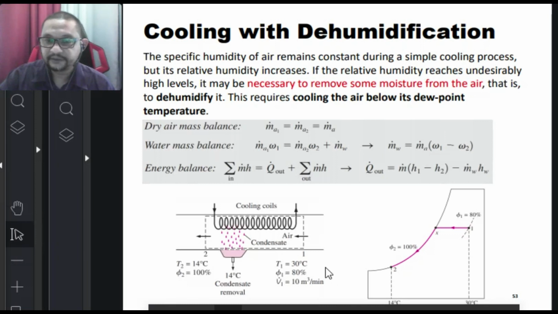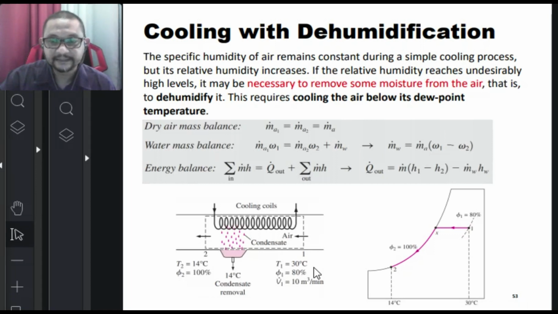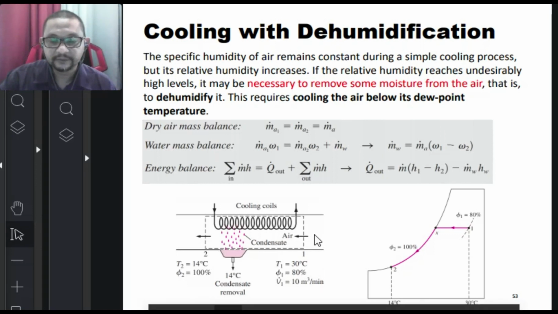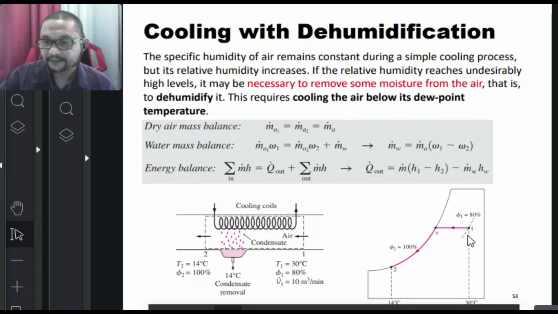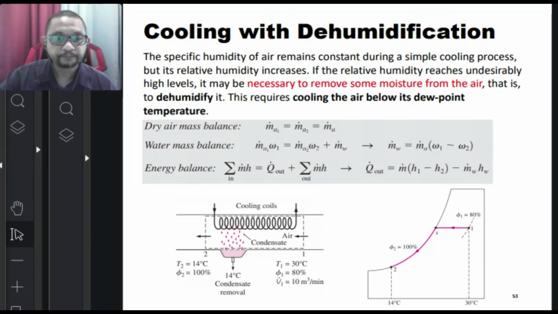The temperature firstly at state 1 is 30 degrees Celsius, but when this air goes through the cooling coil, the temperature will be reduced to 14 degrees Celsius. And the process shown on the psychrometric chart is like this.